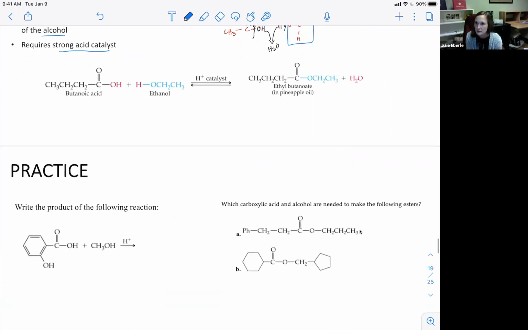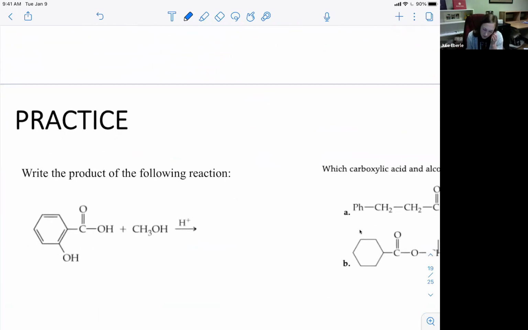So let's do a practice. Write the product of the following reaction. You have this carboxylic acid, some sort of substituted benzoic acid, and then you have methanol. I want you to write the products here.